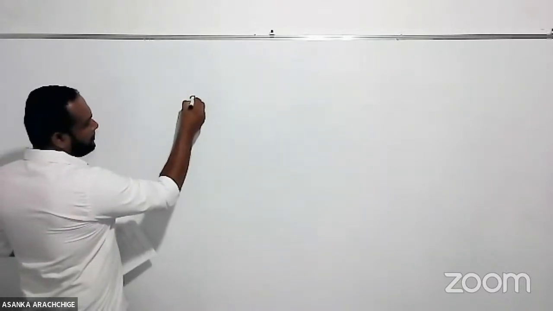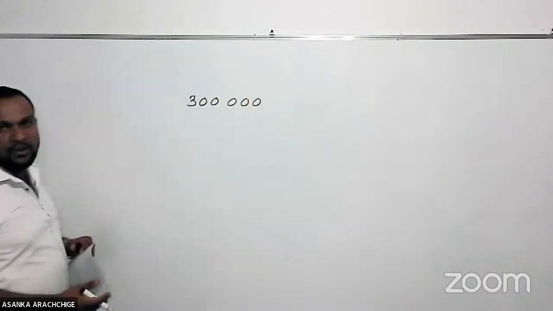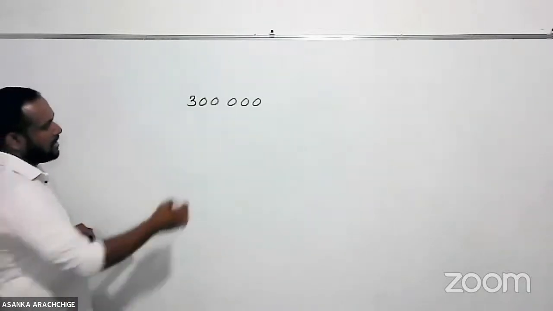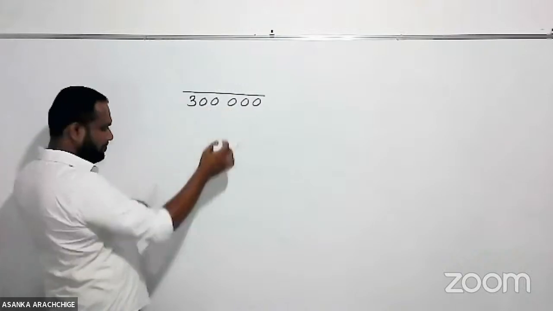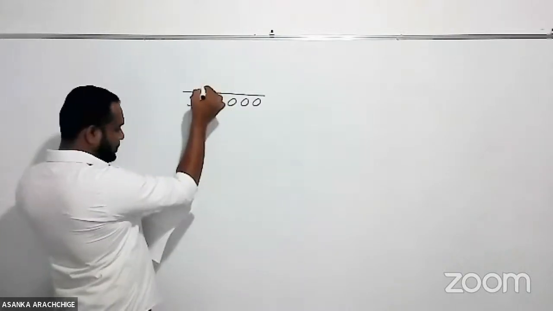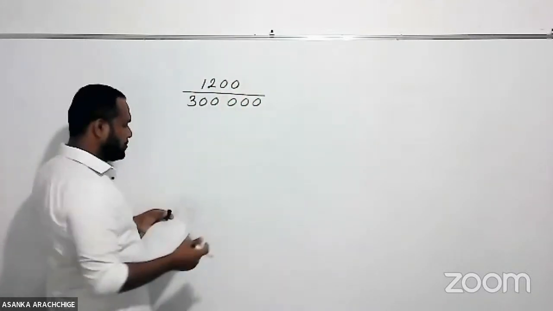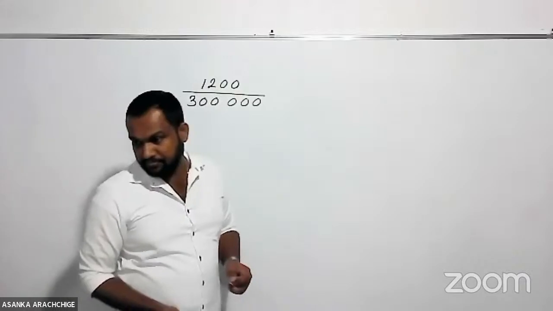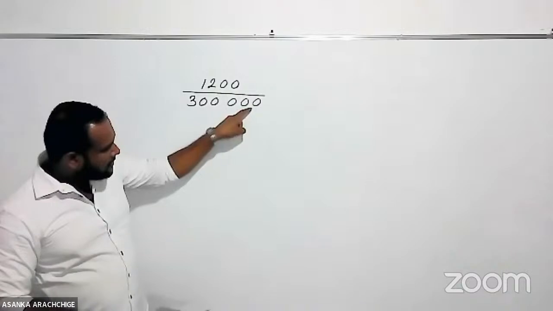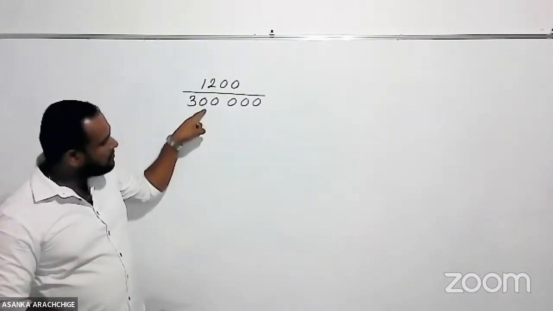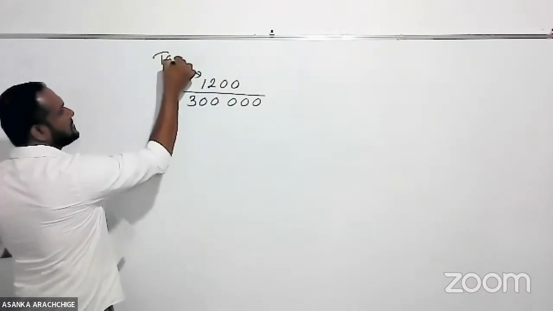This is the annual assessed value of the property. Upon this annual assessed value, a tax of 1,200 rupees has been charged per year, for 1 year. This is the tax.